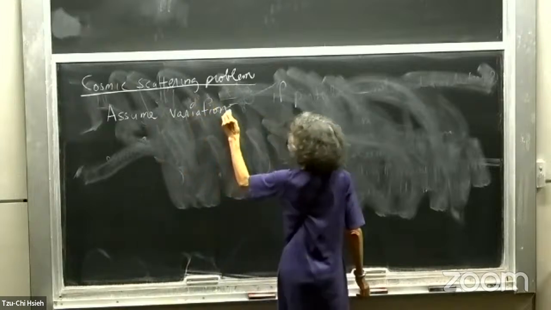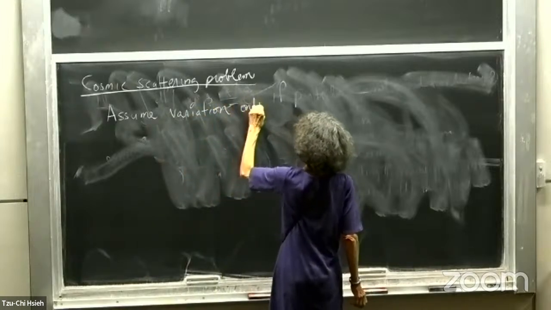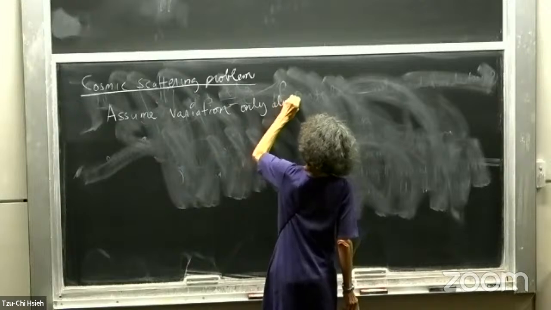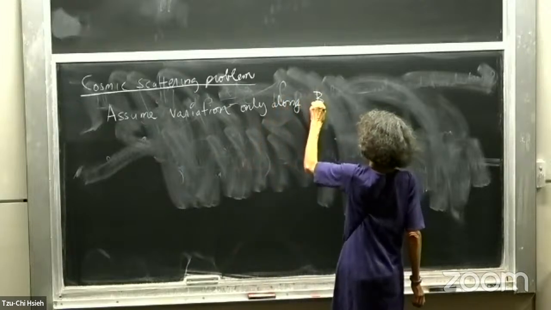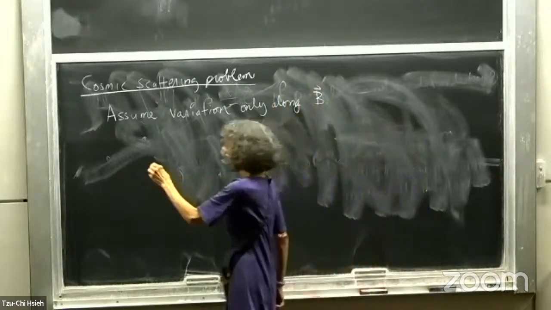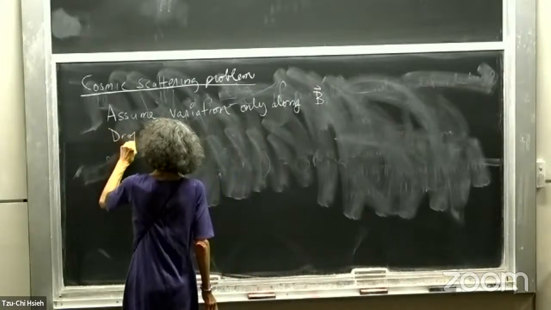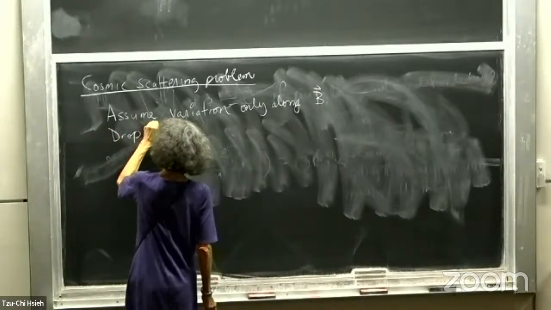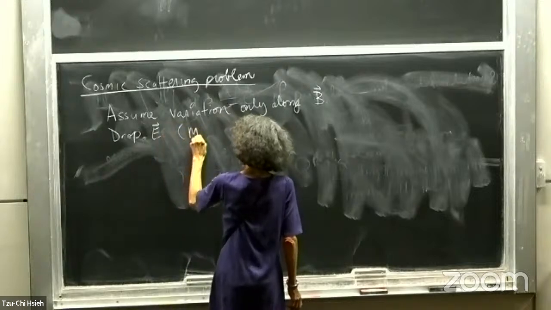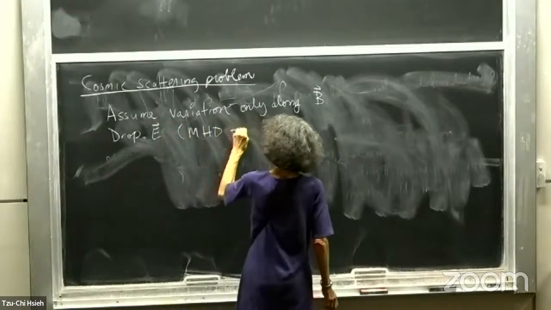We're going to assume variation only along B. We're going to drop E, and this is part of the MHD ordering.